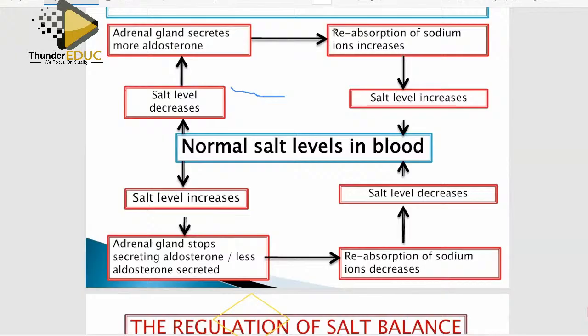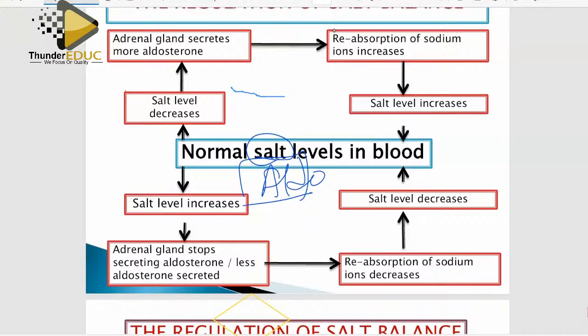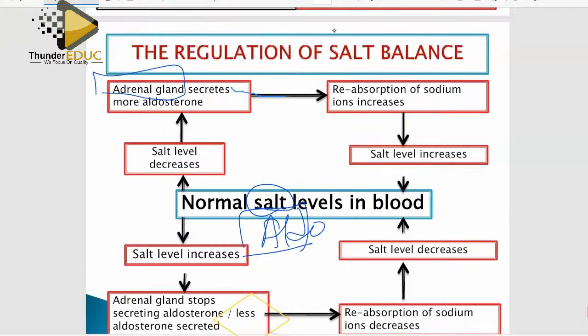Lastly is aldosterone, salt. Aldosterone, which means salt. Salt is controlled by a gland called the adrenal gland. So I know the adrenal gland. What is the function of aldosterone? It is also to make the nephron reabsorb more.